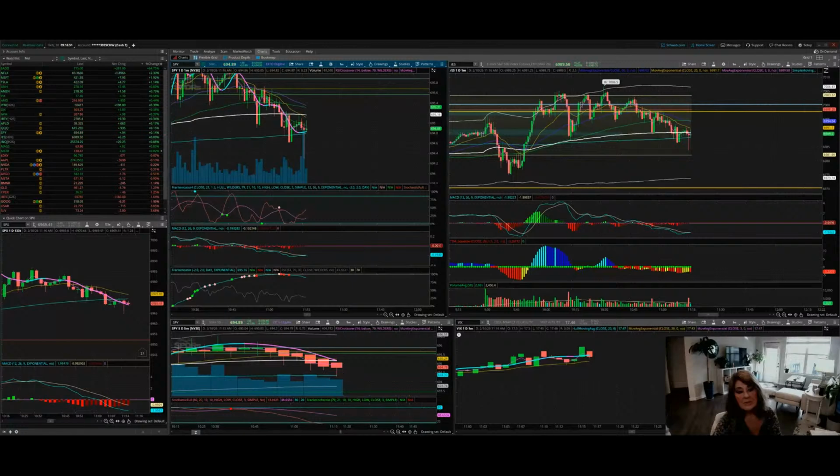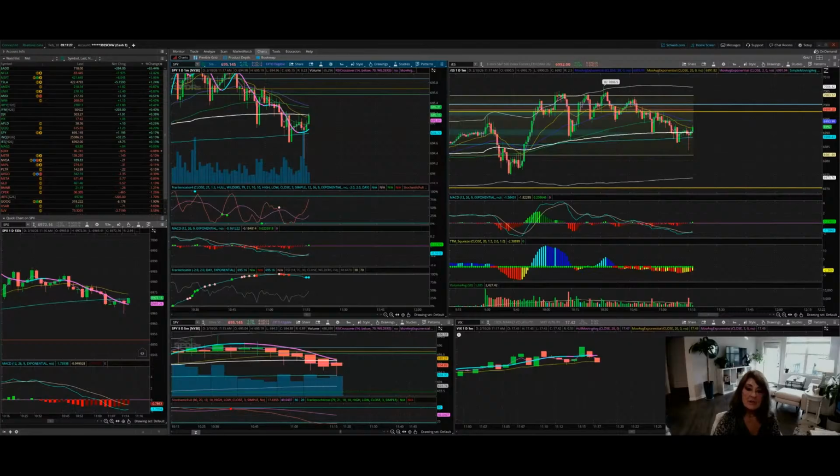All right, let's retrace some of that move down just a little bit. It's giving us a jump. All right, yep, giving us a little jump there.